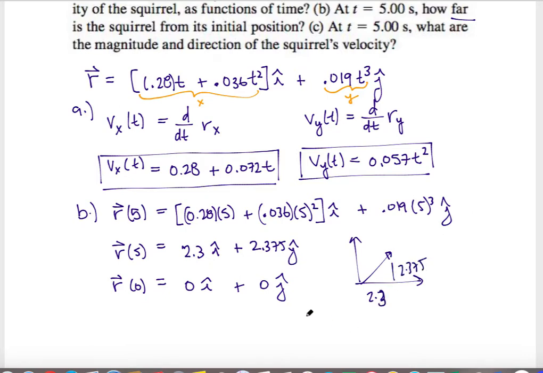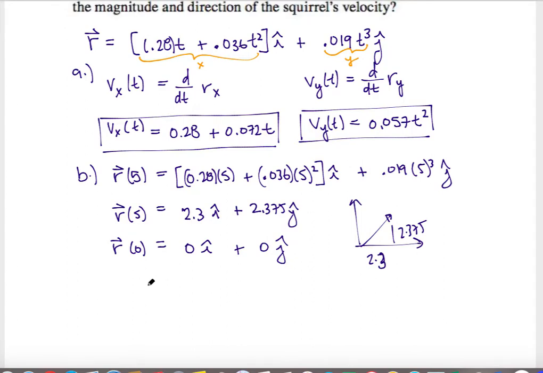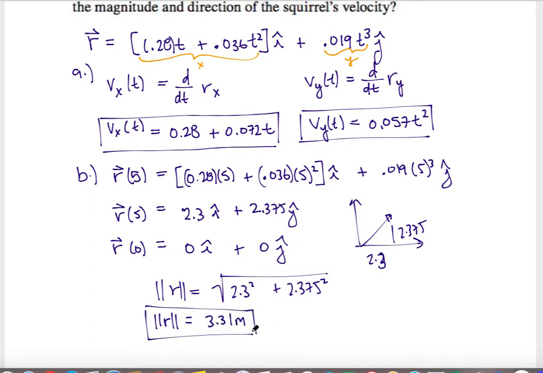So go ahead and use the Pythagorean theorem. The magnitude of r will be the square root of 2.3 squared plus 2.375 squared, which gives me a magnitude of 3.31 meters from my original position.